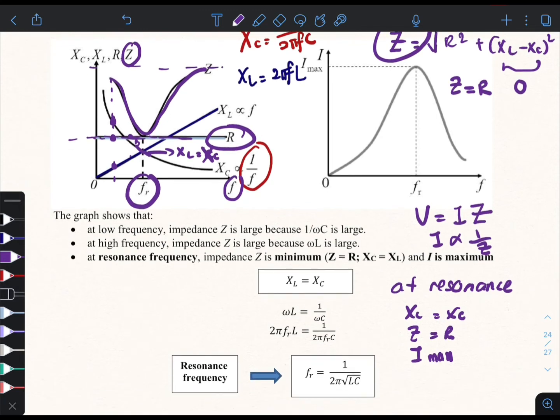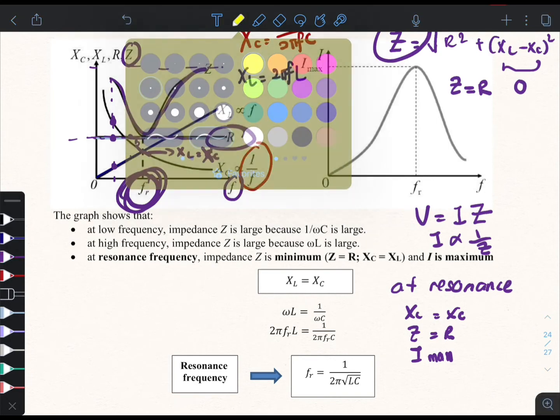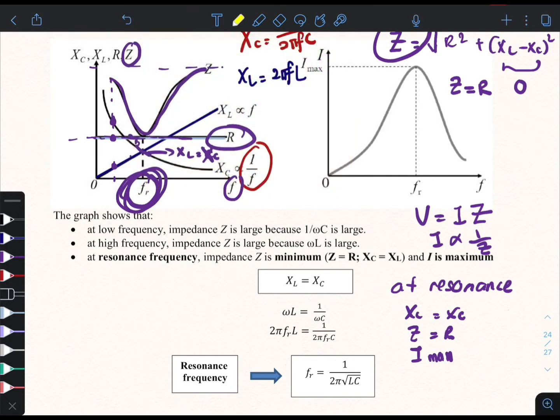Alright, so sekarang kita nak cari resonant frequency. Apa nilai resonant frequency ini itself? So we are going to find that particular value. So for that, we are going to start with this known equation where your resonant can occur. XL is equals to XC. And we know XL adalah omega L. Omega adalah 2 pi F, L dekat sini. Okay, and then XC pula 1 over omega C. And omega adalah 2 pi F. Okay, and we know XL equals to XC hanya akan berlaku at resonance sahaja.